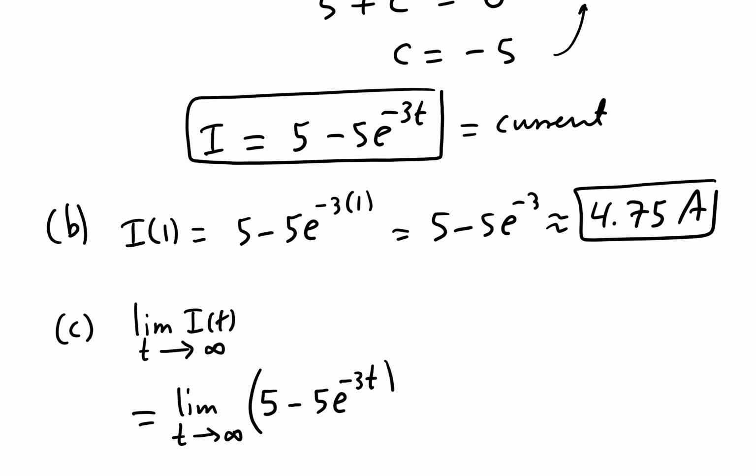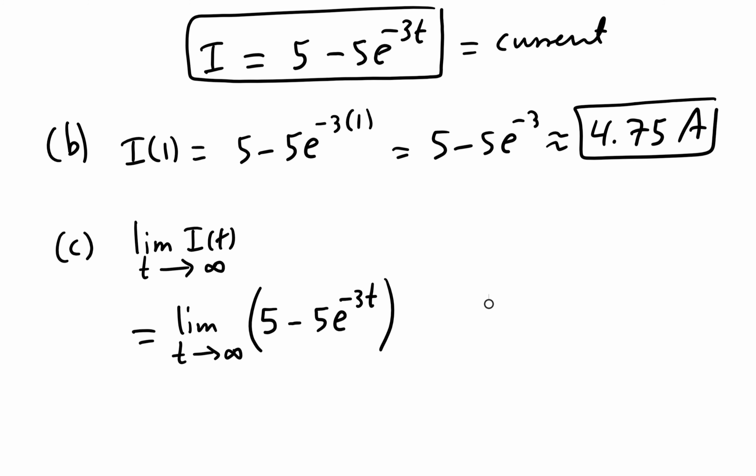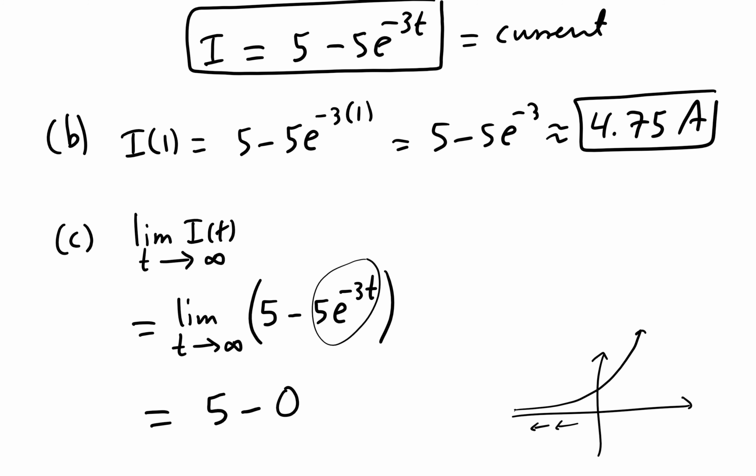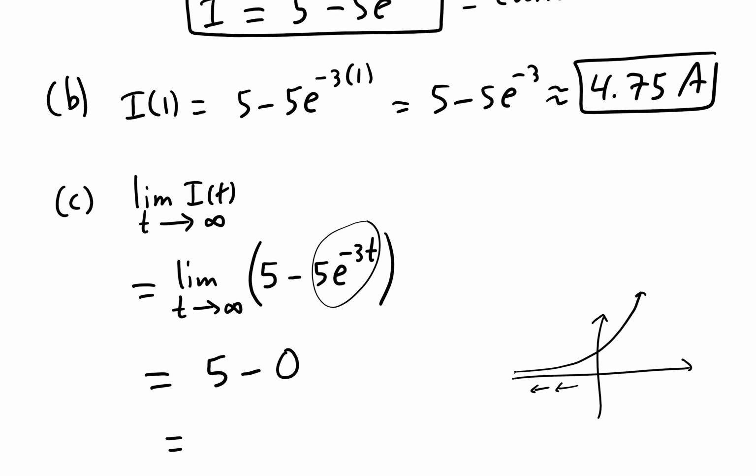We're going to find the limit of this. When we pass the limit, the 5 stays the same, and the second term, e to the negative infinity, is 0. Because the exponential function goes like this: if you go toward negative infinity, the graph goes to 0. So then the answer would be 5.